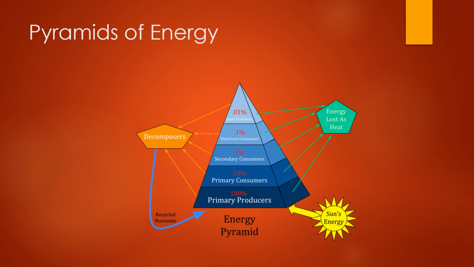Next, in case of secondary consumers, 1% energy is taken, and in the third level, tertiary consumers 0.1%, and the last or topmost layer takes 0.01% energy. That means the pyramid of energy is always decreasing up to the top consumer level. That means only 10% energy is transferred from one trophic level to another trophic level.